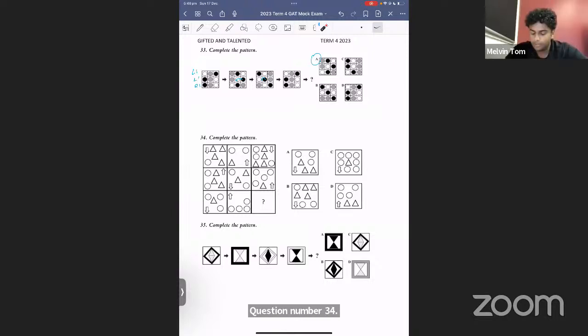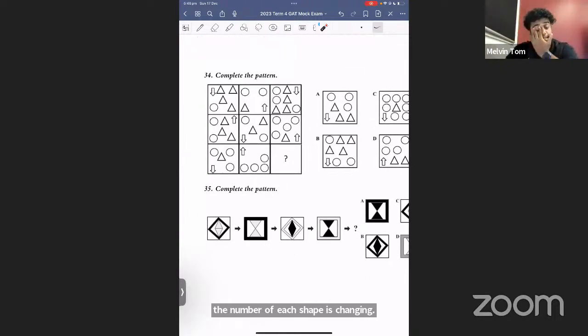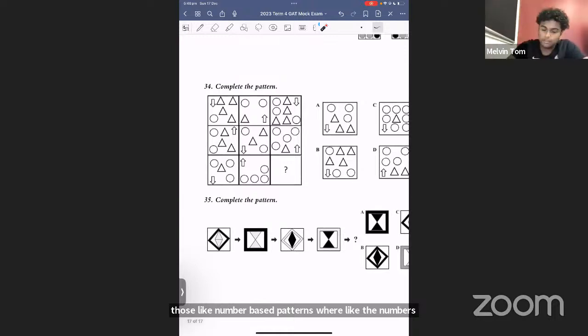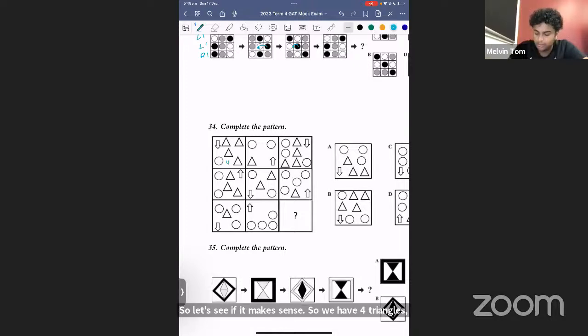Question number 34. Looking across, you can see that the number of each shape is changing. So that tells me this has to be one of those number-based patterns where the numbers of these shapes matter. Let's see if it makes sense. We have 4 triangles, 1 triangle, 4 triangles, 3 triangles, 1 triangle, 2 triangles, 1 triangle. 4 plus 4 plus 1 is 9. 3 plus 2 plus 1 is 6.